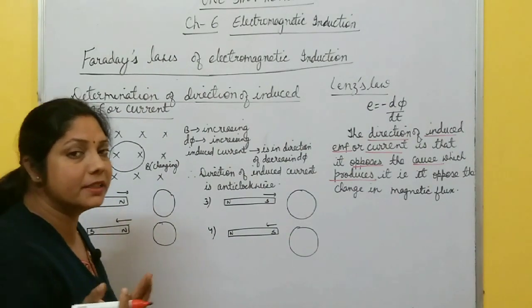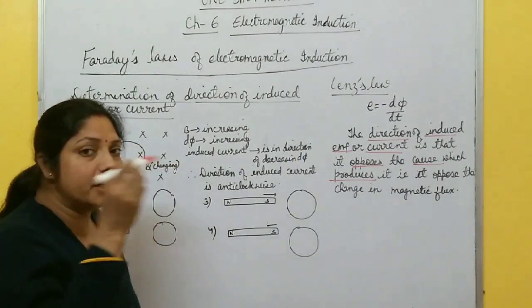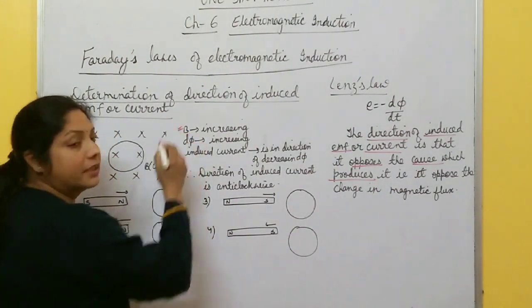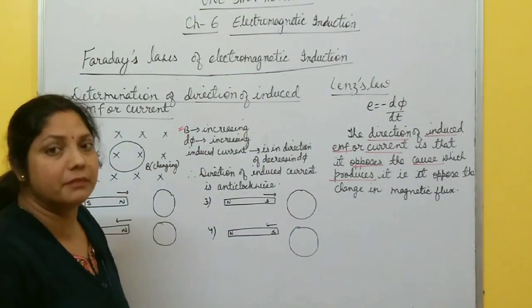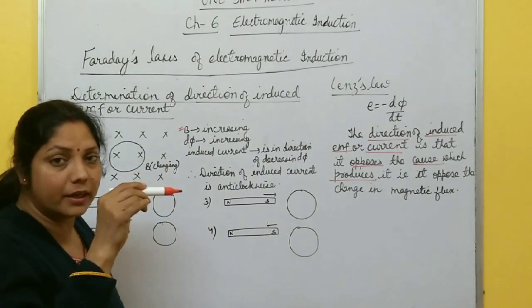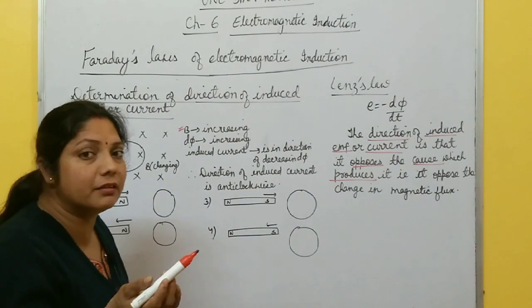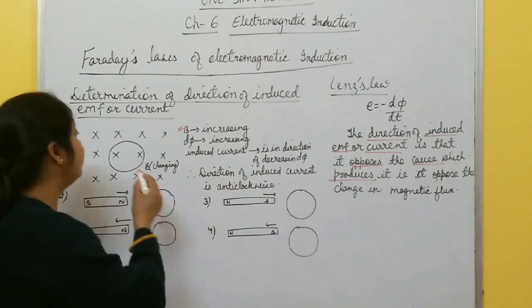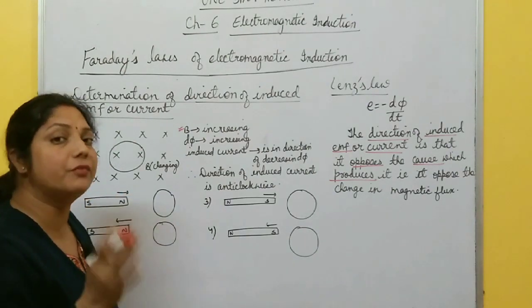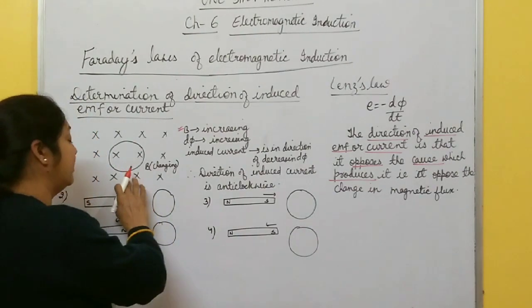Now, what happens? Here suppose the magnetic field is increasing. Due to the increase in magnetic field, magnetic flux also increases inside the coil, and due to the change in magnetic flux, EMF or current is induced in the coil. What is the direction of that induced current or EMF?